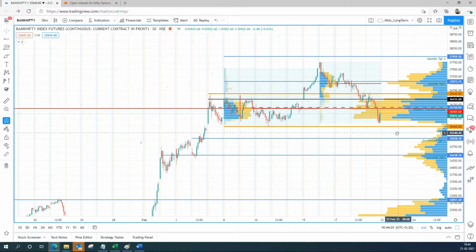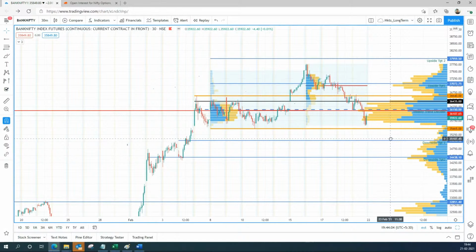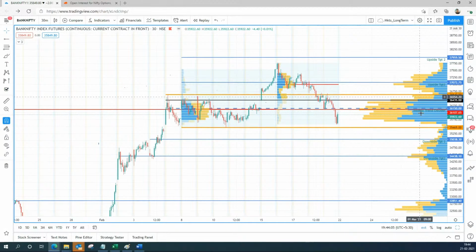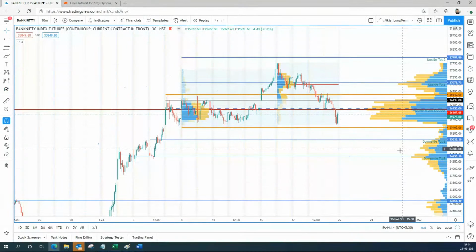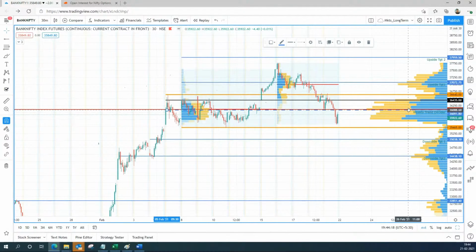The weekly range is used to plot this, and this is nothing but the composite profile. You can reduce this. This is the composite profile for this entire view. If you see the composite, the key level from both weeks is around this level. The composite for these two weeks is around this level, so that could be treated as a trend decider.